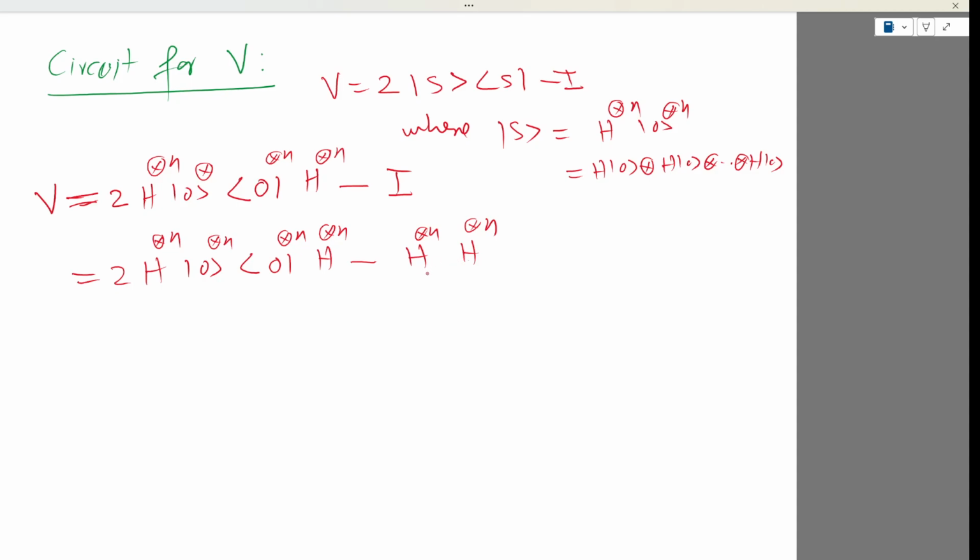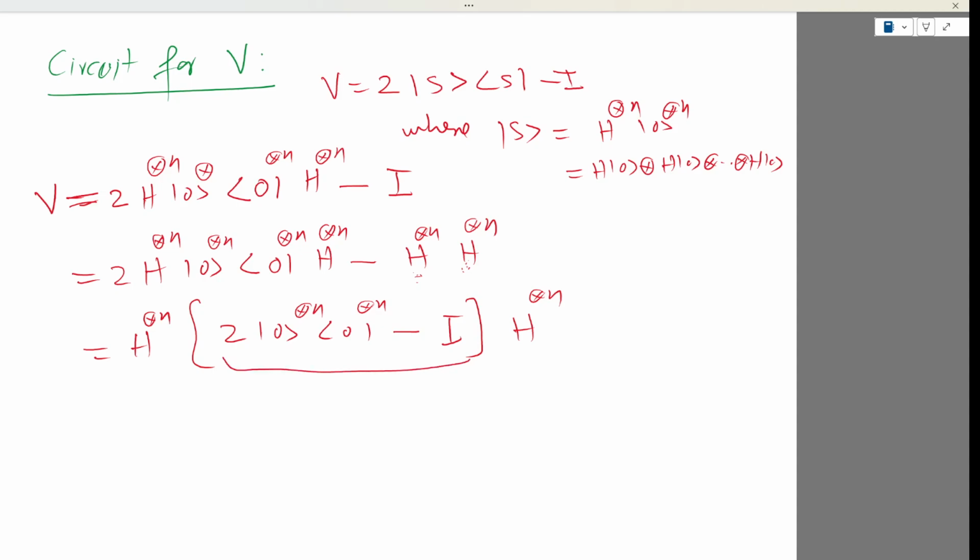Because this is a product, not a tensor product, because two Hadamards are applying on each other. But now I can take Hadamard common from left, and Hadamard common from right, and I'm left with identity in the center again. And this, if you recall, is another reflection operator. It reflects around 0 axis. So Hadamard U0 Hadamard, let's call it U0.